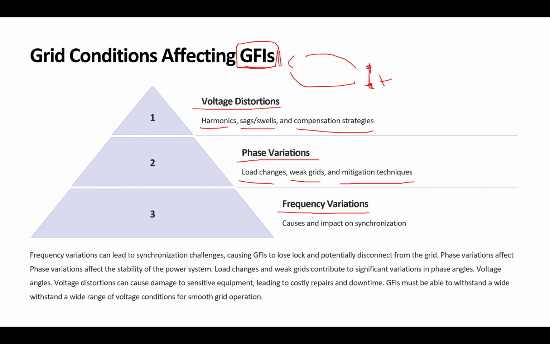system here, because that variation, if it is caught by the PLL, means that our GFI would also deviate from our desired frequency, which is not desirable.